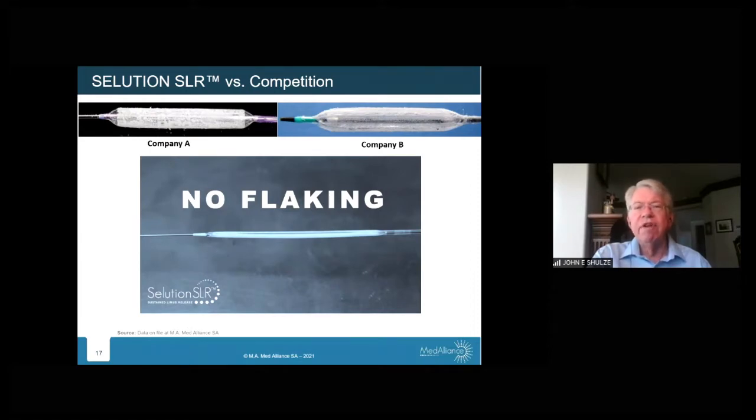And this results in an absence of this phenomenon that we often see, which is called slow flow, where large particles go down and actually get trapped in vascular beds and cause changes in downstream coronary pathology as a result of the presence of these large particles.